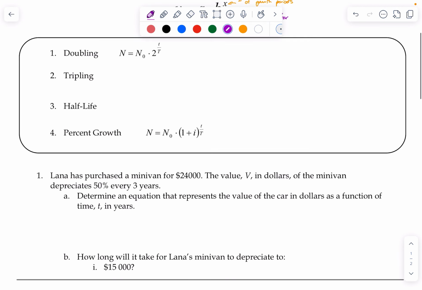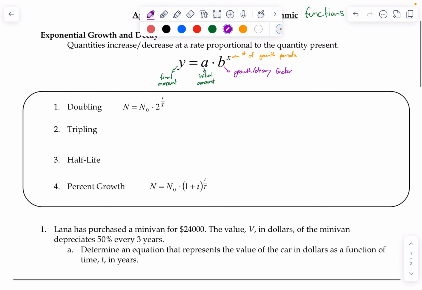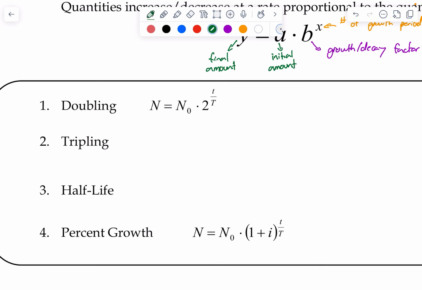Okay. So now let's use that general one, and let's create some other subsets of that general. So we have the doubling. Well, the doubling, notice that the base is 2. But we have adjusted the exponent here, t being divided by little t, all right?